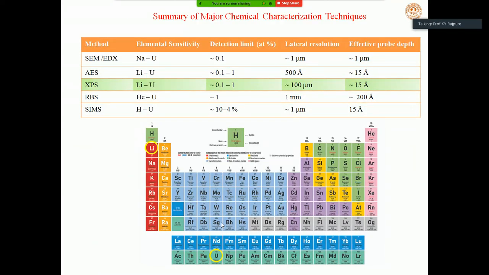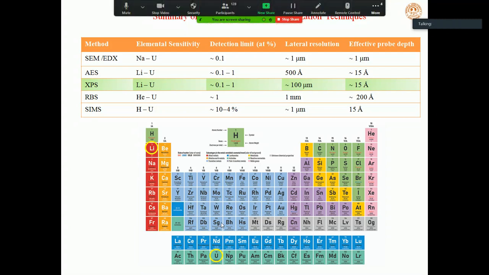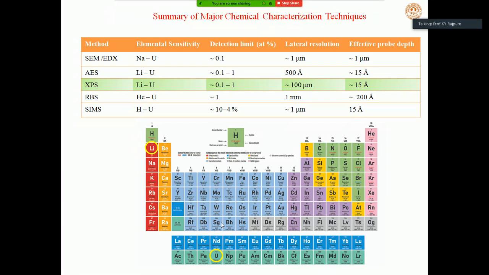So far as chemical characterization techniques are concerned, there are a few to list: EDAX connected to electron micrographs, SEM or TEM, electron spectroscopy, X-ray photoelectron spectroscopy, RBS, SIMS.